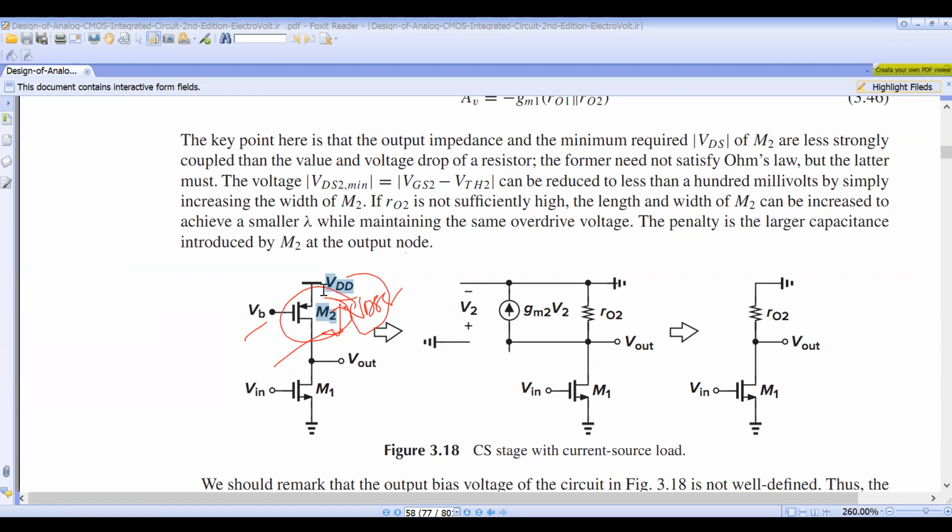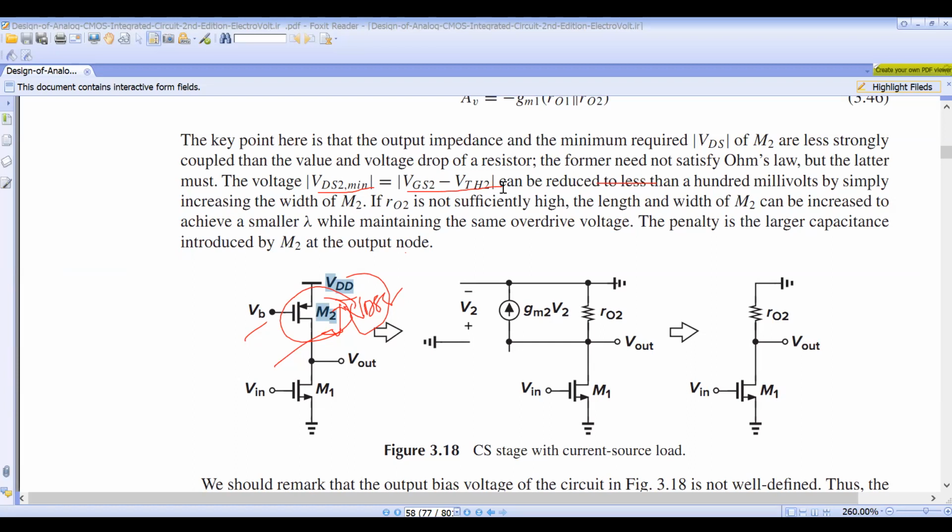VGS2 minus VTH can be reduced to less than 100 millivolts by simply increasing the width of M2. By increasing the width of M2, this VDS2 value can be reduced to 0.5 volts.